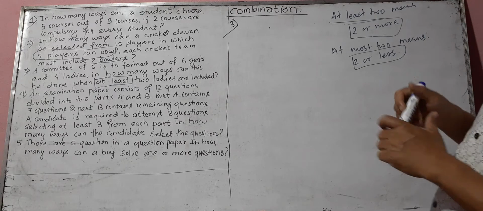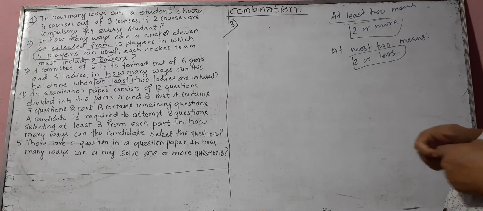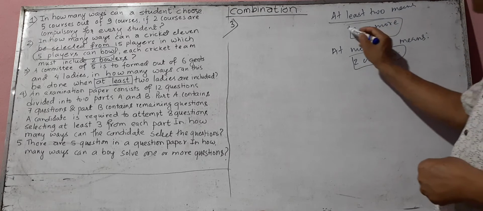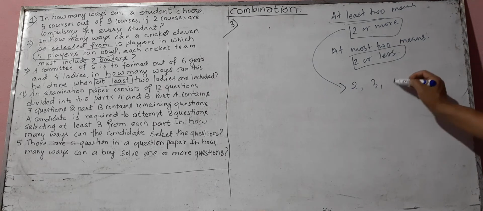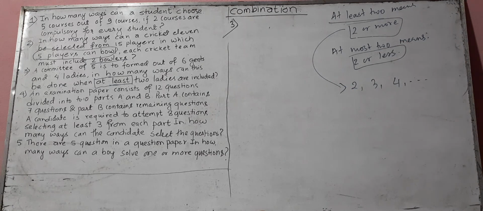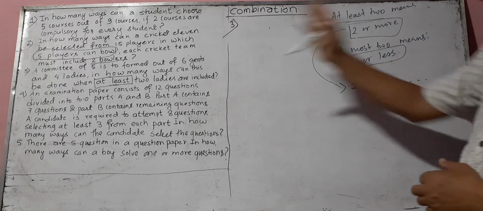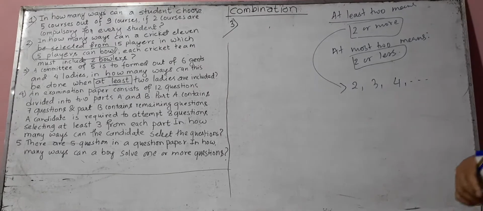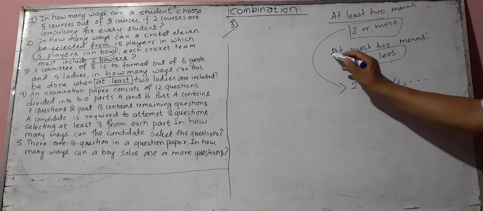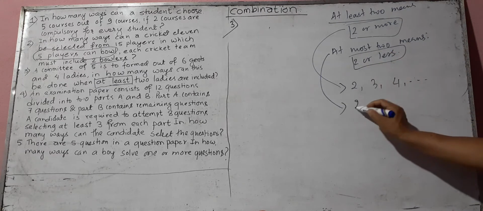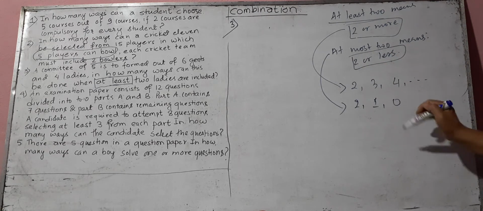So we have various cases. At least 2 means it may contain 2, 3, 4, and so on, and the last number depends on the total number of given objects. At most 2 means 2 or less, that is 2, 1, 0.